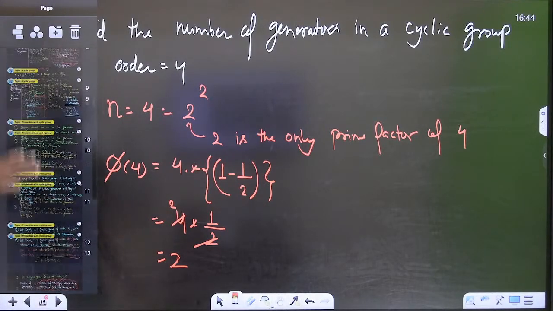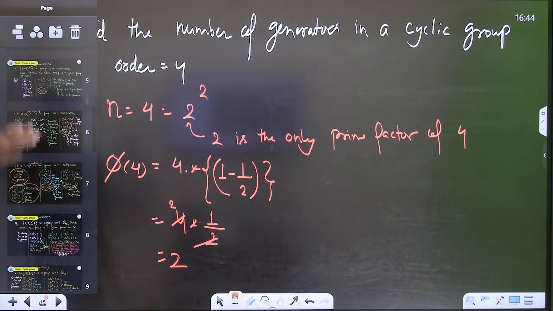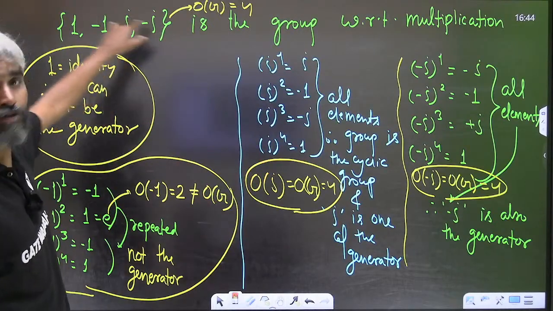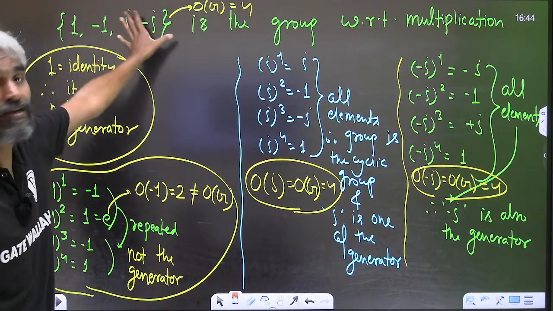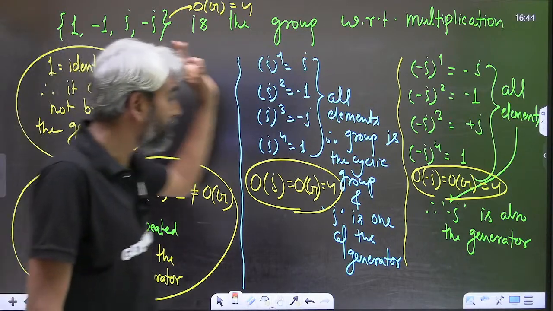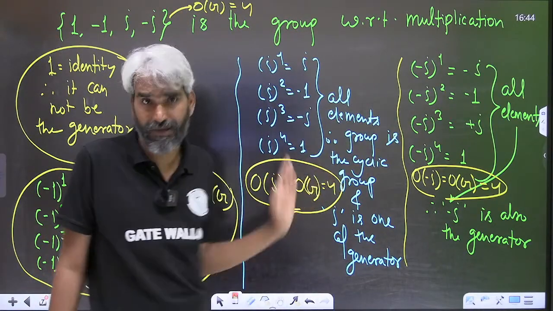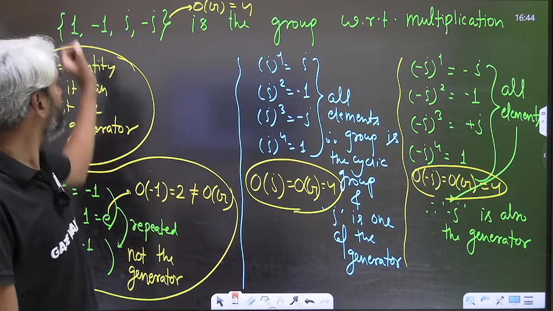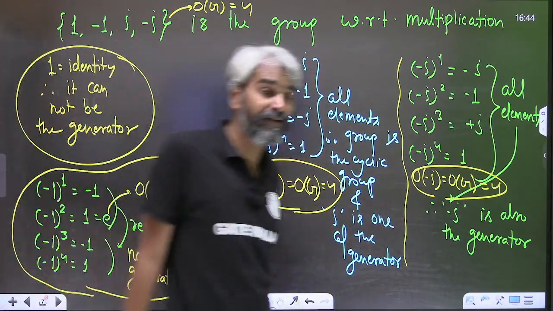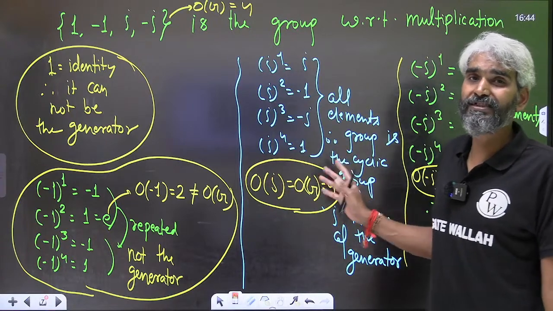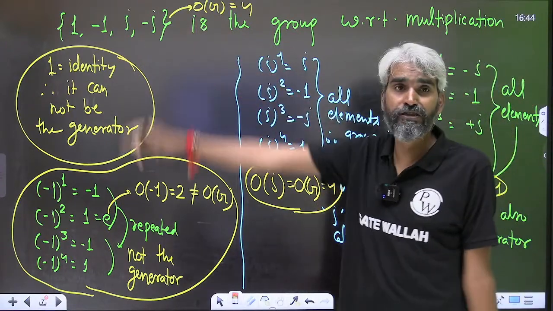we have seen some groups of order 4. Sir, this is your group. This is your cyclic group of order 4. If somebody asks you what the generators are, then you will have to check explicitly which elements can generate all the elements of this particular set.